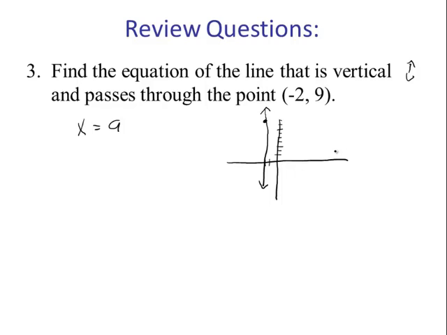So this is a very rough sketch, but this will help us as far as seeing, well, what is a? a is where it is crossing the x-axis, and that's at -2. So the answer to this problem, the equation is x equals -2.